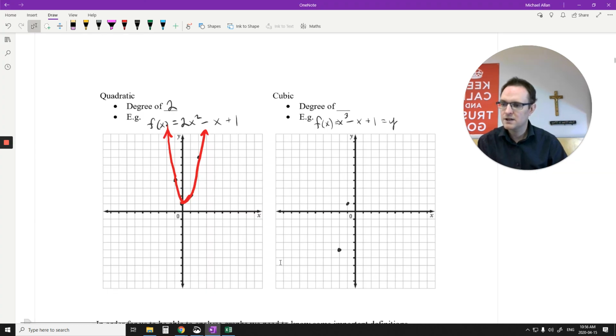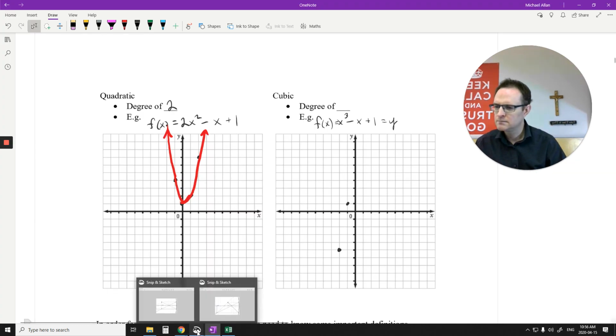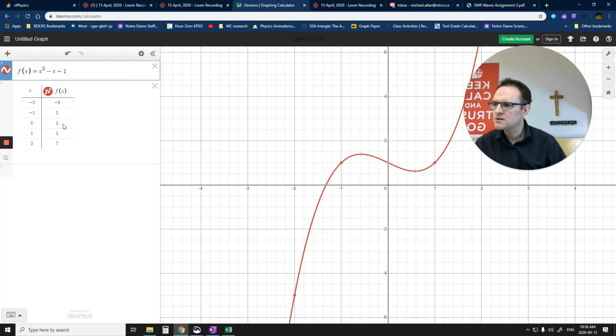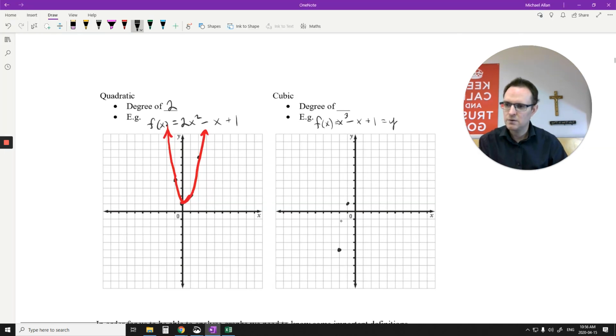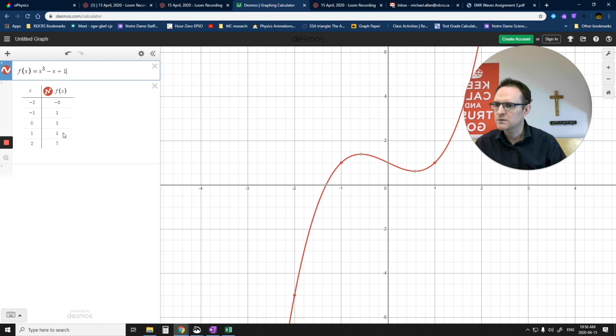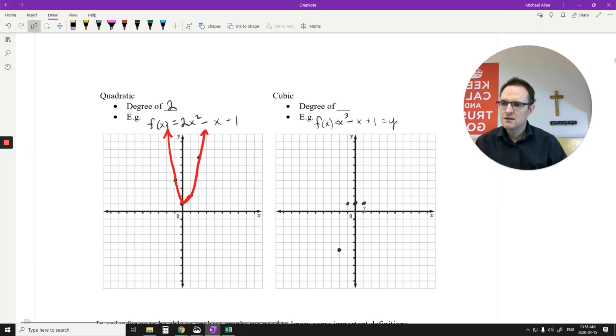Then 0, 1, and 1, 1. Seems like I got a lot of ones in a row. You notice it goes up and then down, then back up, and then 2, 7.